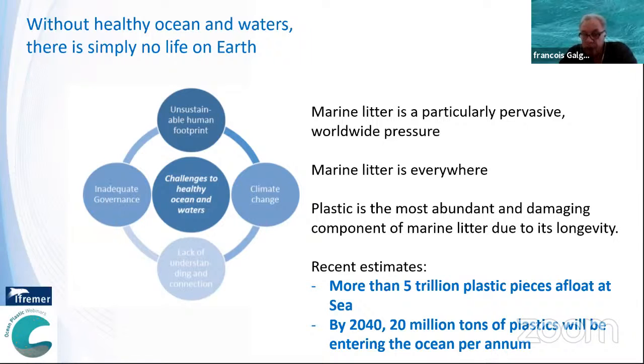We have some recent estimates indicating that there are more than 5,000 billion plastic pieces floating at the surface of the sea, probably far more on the seafloor, but there is no estimation done until now. Also, recent papers have indicated that we may switch from 8-10 million tonnes of plastics entering the oceans to more than 20 million in 20 years from now.